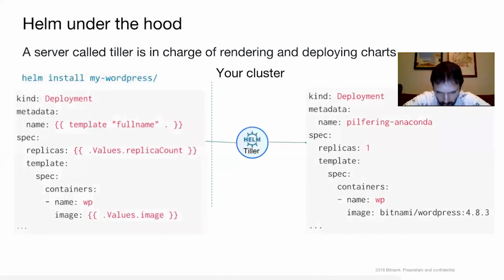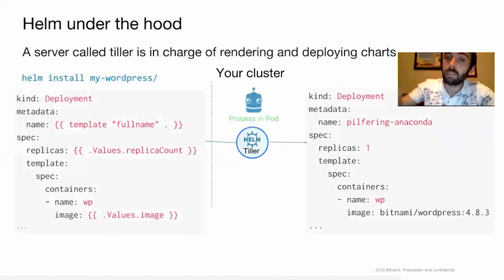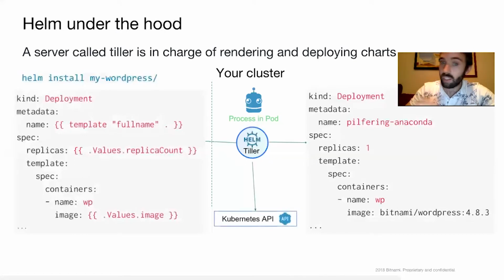So what does this mean? This means that me, as Salmeron, I'm not deploying anything. It's this tiller server, the one that is deploying. It means that there is a process inside a pod that is accessing the Kubernetes API performing the deployments, and now that I've reset everything, now it can't.